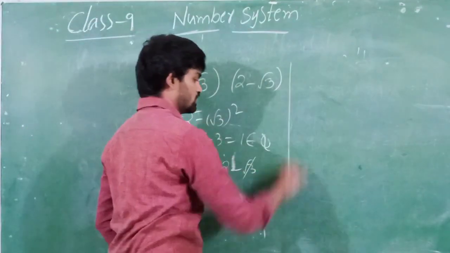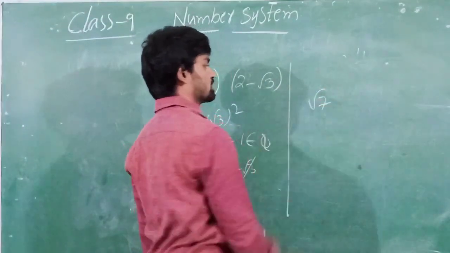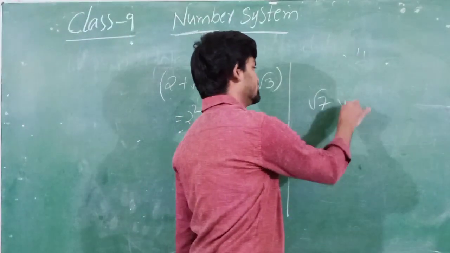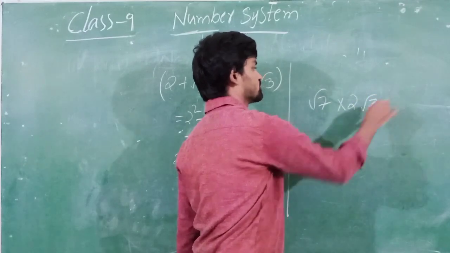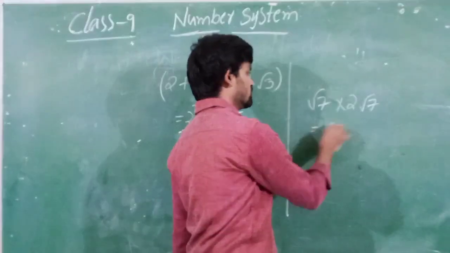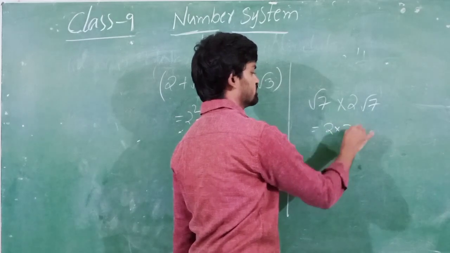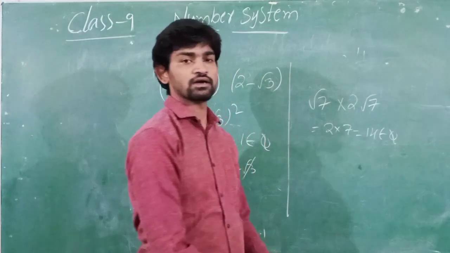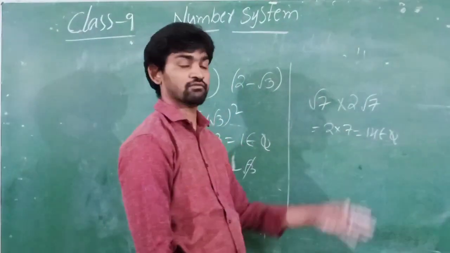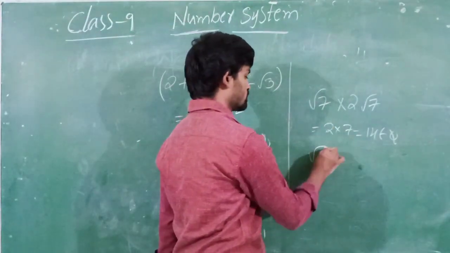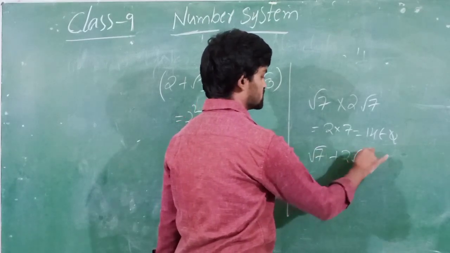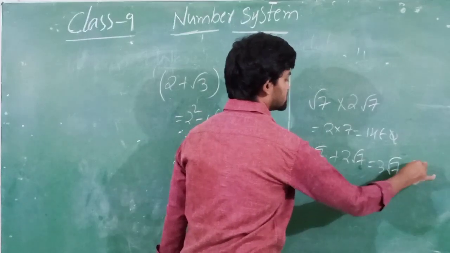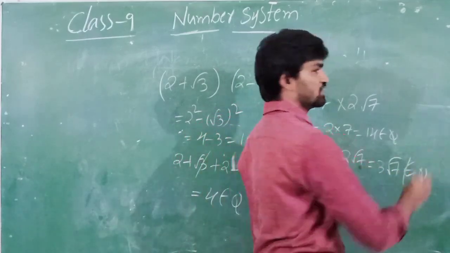See here, you take root 7. Now I have to find the conjugate. I will take the conjugate as 2 root 7. Okay. Now if you do this, 2 into 7, you will get 14. I got 14 by multiplying. What about the sum? Root 7 plus 2 root 7 is 3 root 7, which does not belong to rational numbers.